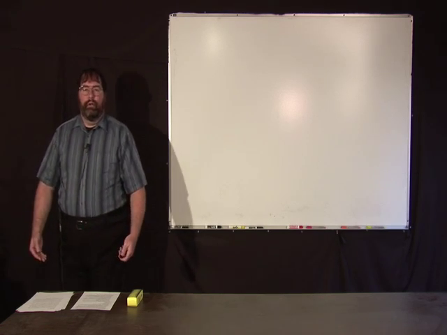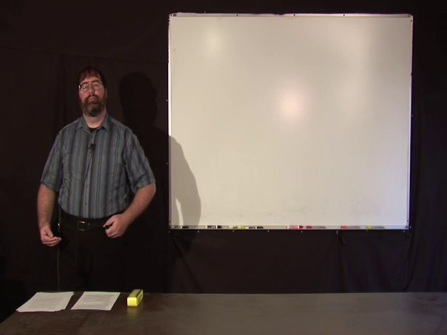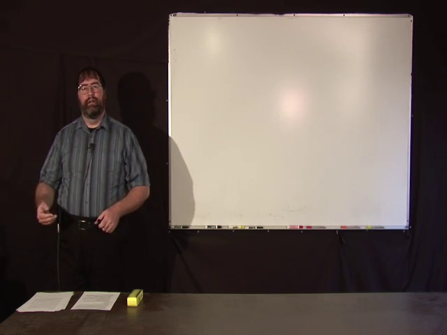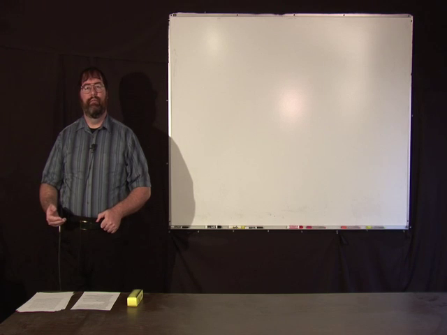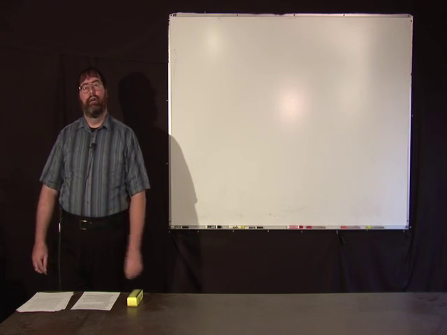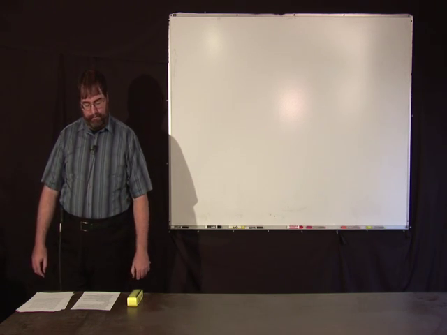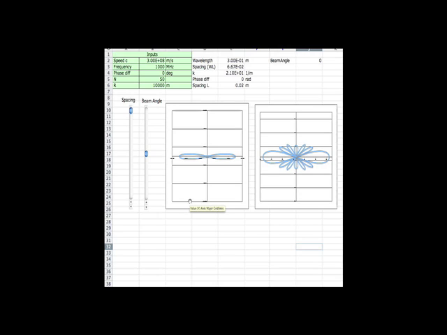Now we're going to play around with this spreadsheet again and show you what happens as you tweak the phase of a linear array of isotropic radiators. Okay, here we are with that spreadsheet again. And what we're looking at now is a 50 element linear array.